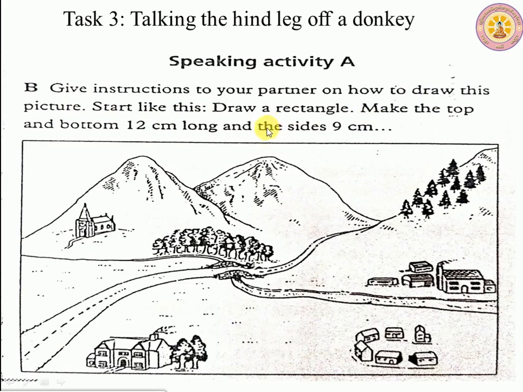One student gives the instruction, and one student listens and follows the instruction. For example, student A and student B. Student A gives the instruction and student B draws what student A says. This is also a kind of speaking performance. This is the link between listening and speaking. So the speaker speaks and the listener tries to follow what the speaker says.